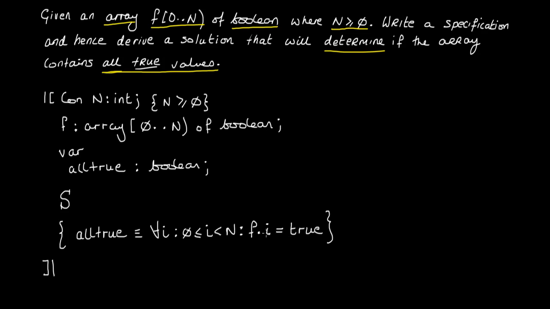So we don't actually need the f.I equal to true here. But I'm going to leave the equal to true in here just so there's absolutely no ambiguity about what we mean. We are looking to test to see if all of the values in the array are equal to true. So the f.I equal to true here makes that plainly clear.